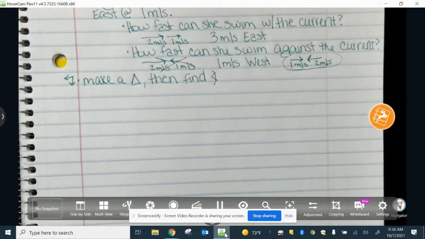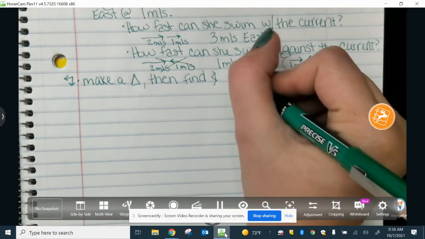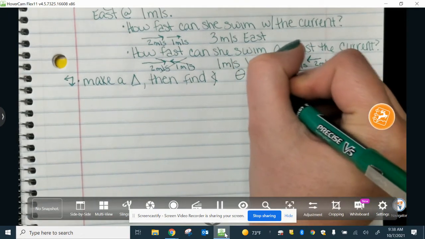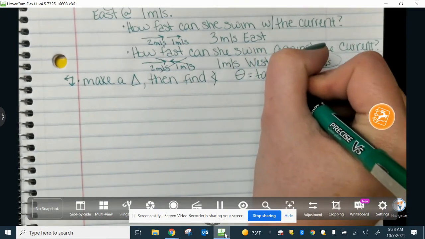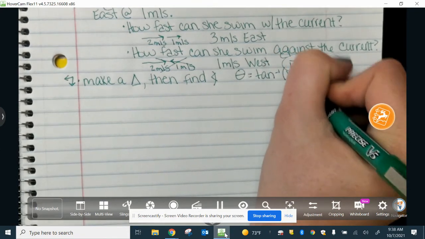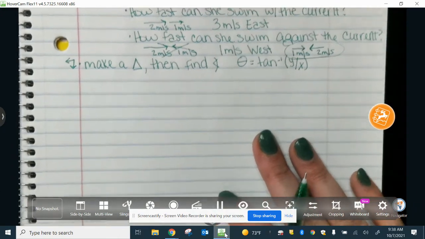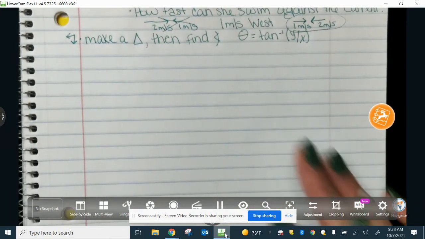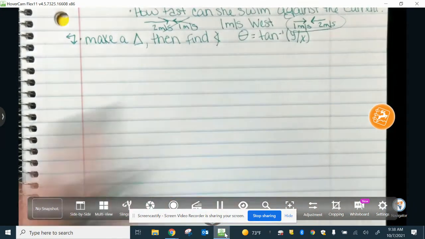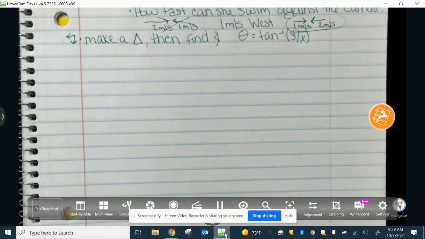Then you'd want to find the angle. To find the angle, we would use theta equals the inverse tangent of y over x. Just write it and then we'll talk about it. This is shorthand for angle, just a tower right angle.